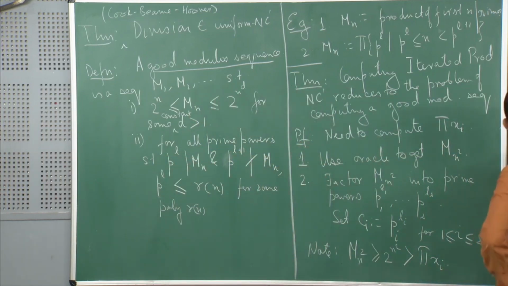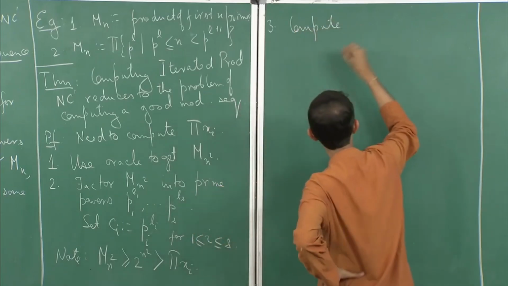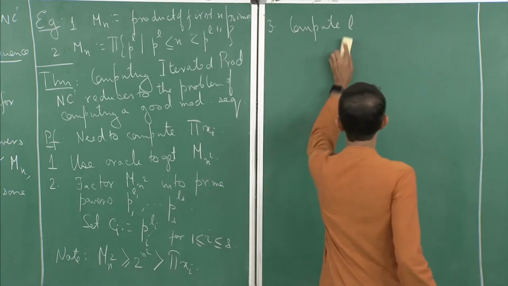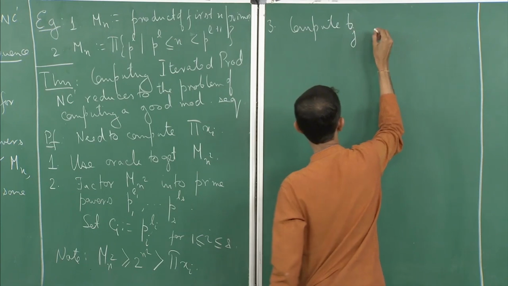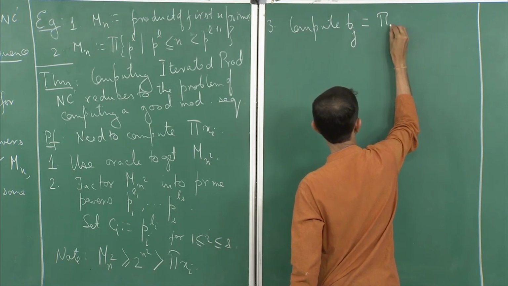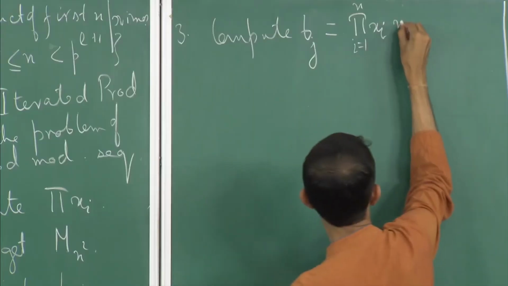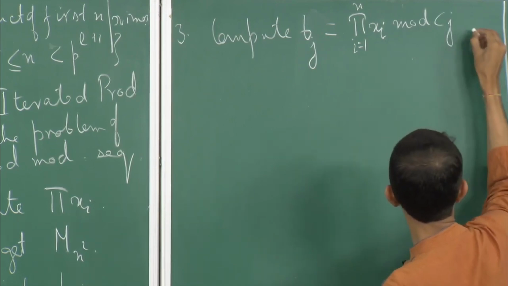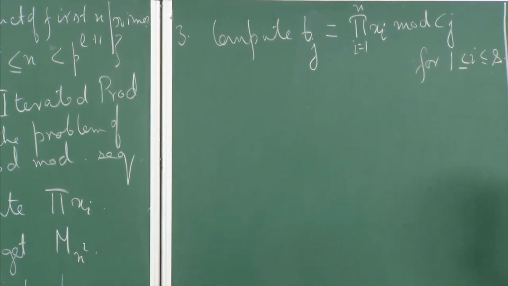So now what we will do is we will compute, let us call it B j, which is equal to the product of xi, i going from 1 up to n, modulo Cj, okay, once again for j between 1 and s.